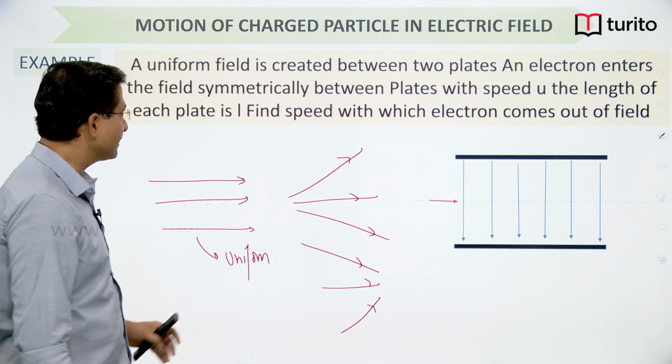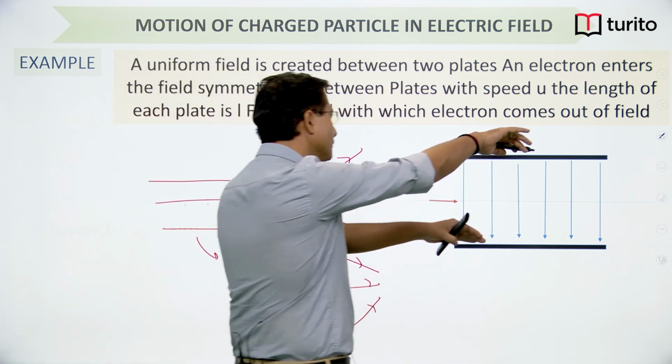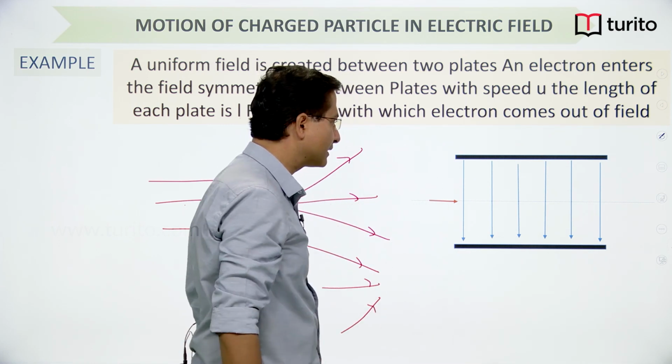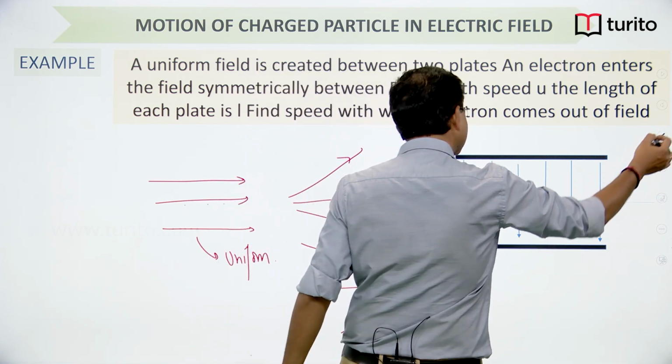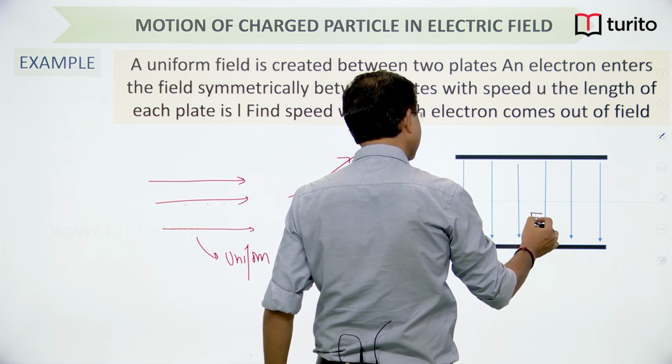So, the question here says a uniform field is created between two plates. So, these are the two plates, between the two plates a uniform field is created. Let the magnitude of the field be E naught, that is given, right.